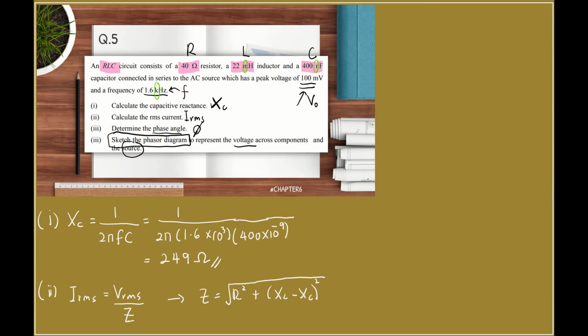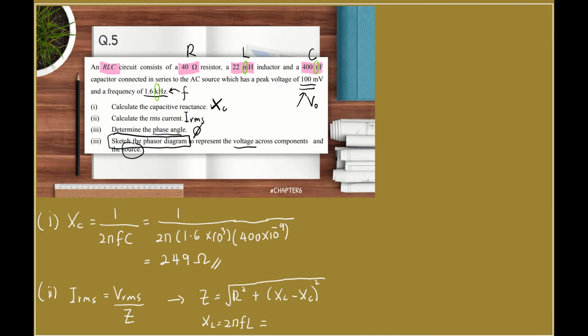Before that, we calculate our XL. XL is equal to 2 pi fL, which is 221 ohm. Then we proceed with the calculation here.